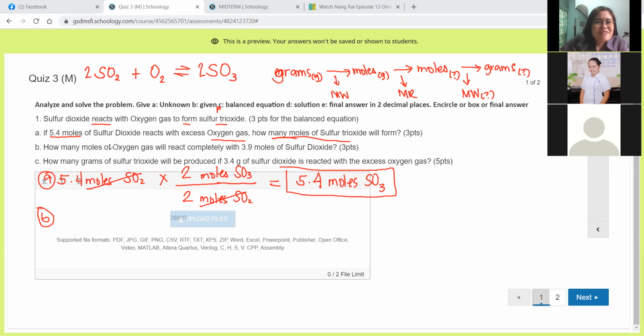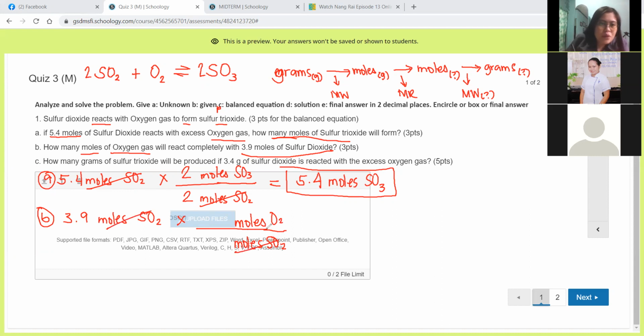Next, how many moles of oxygen will react completely with 3.9 moles of sulfur dioxide? The given is again moles, so the same pattern applies. The given is 3.9 moles of sulfur dioxide. We need the mole ratio, with sulfur dioxide below to cancel, and we are looking for the moles of oxygen that react with the sulfur dioxide.